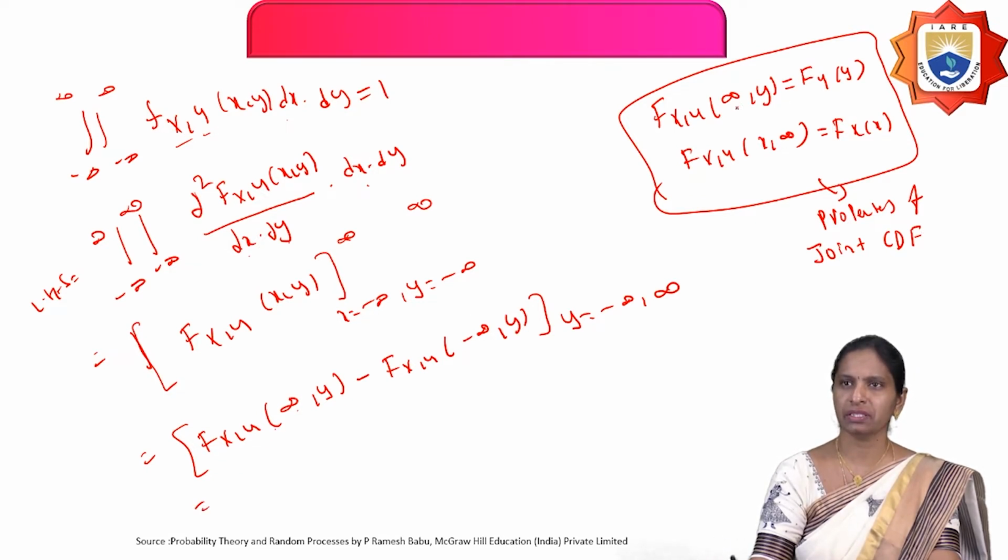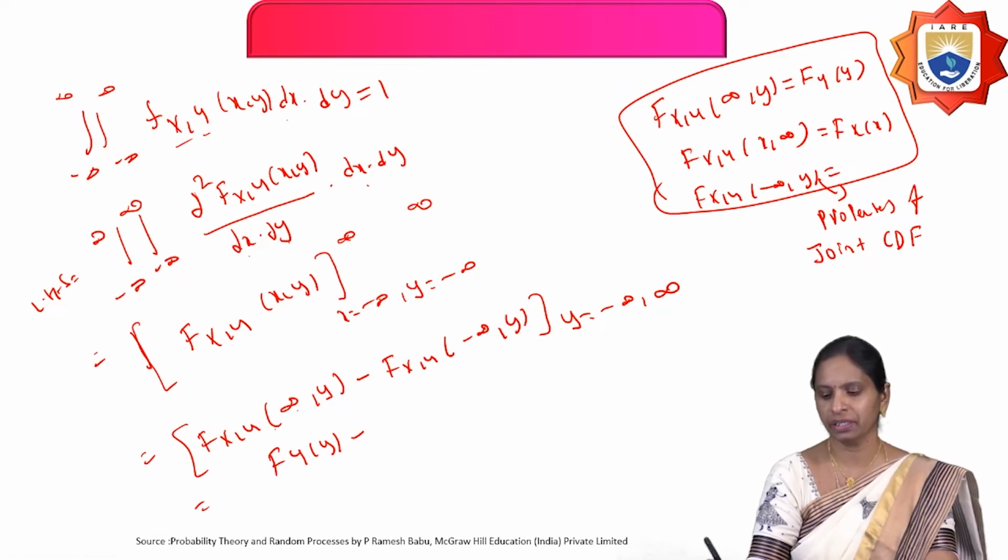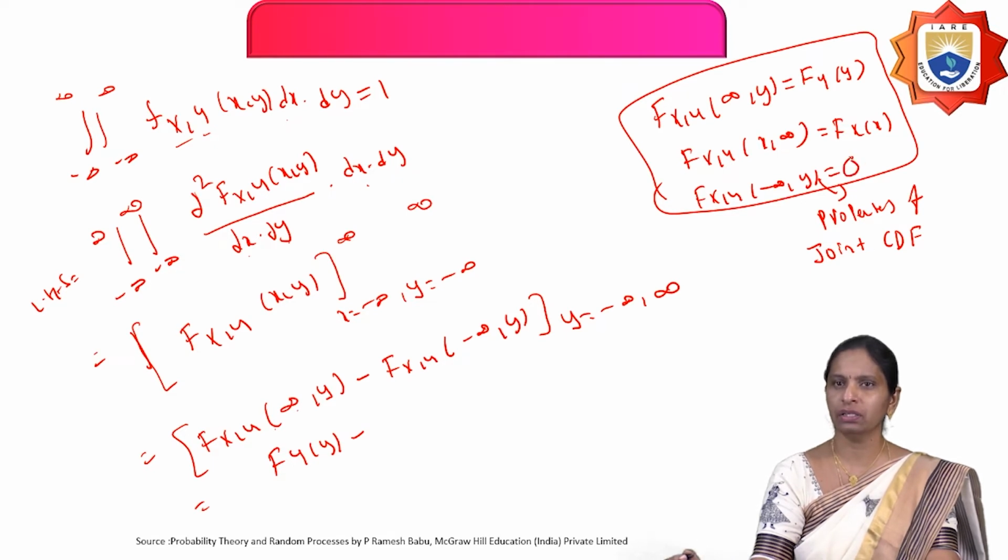So by keeping x as infinity, you are getting the marginal distribution function of y. That is nothing but F_Y(y) minus, and from the properties of the joint distribution function itself, what is F_XY(minus infinity, y)? In the joint distribution function, if you keep any one of the variables, either x as minus infinity or y as minus infinity, the value is what? 0.